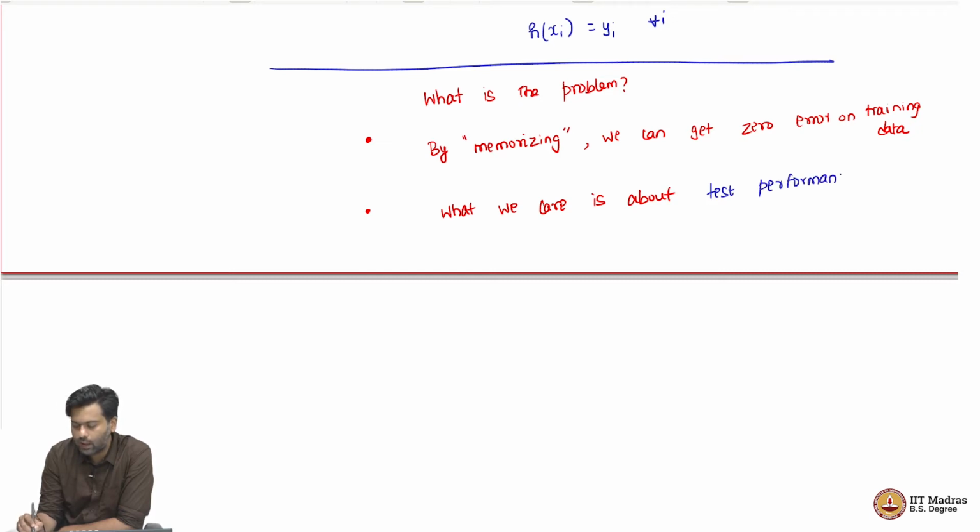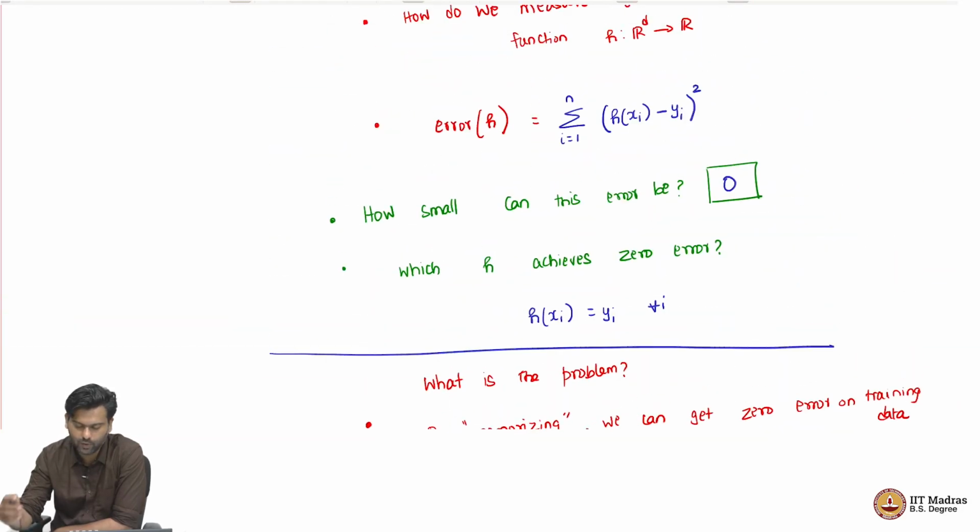Now the question is, what are we missing? There are a lot of things which could have gone wrong in our line of thought here. One choice that we made is the error function, which is the squared error. Now we can either suspect that to be a problem, or if that is not a problem, then where else is the problem? Why are we ending up memorizing this?